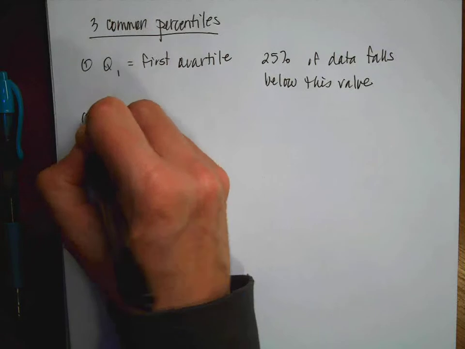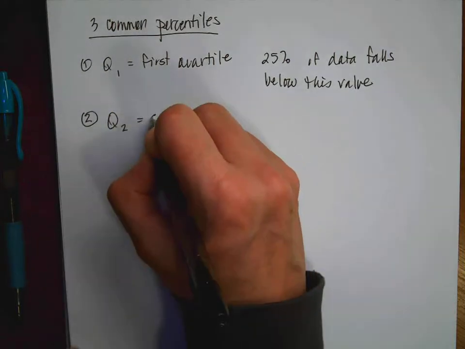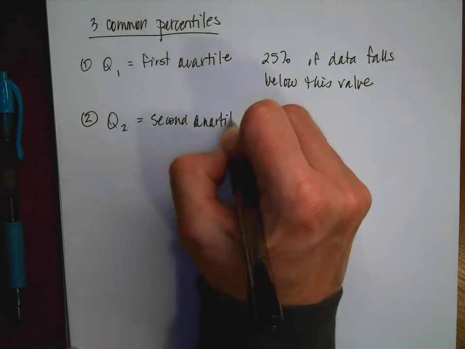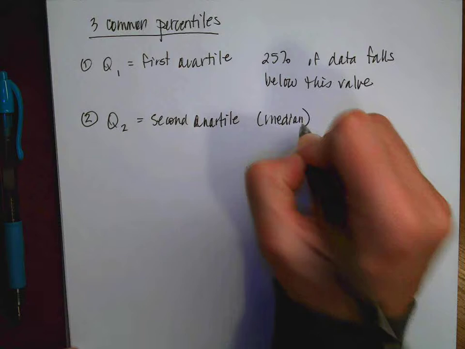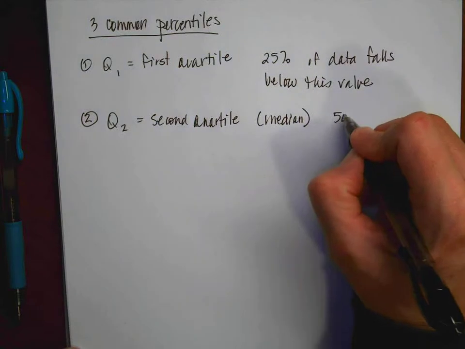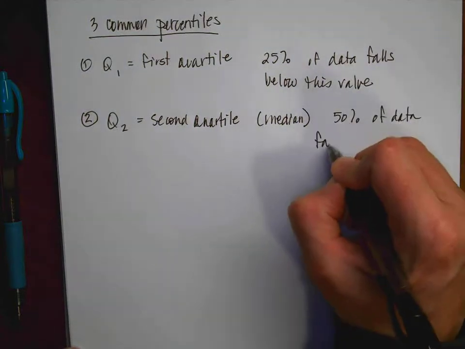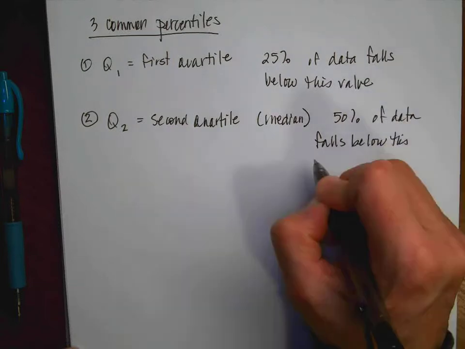Okay. Then second one then is going to be Q2, which is called the second quartile. It's also called the median. Okay. And that means that 50% of the data falls below this value.